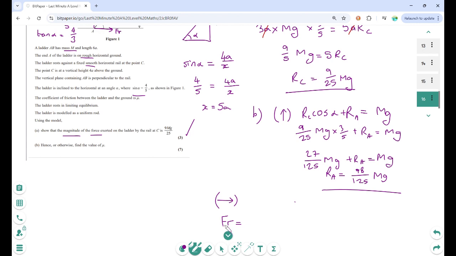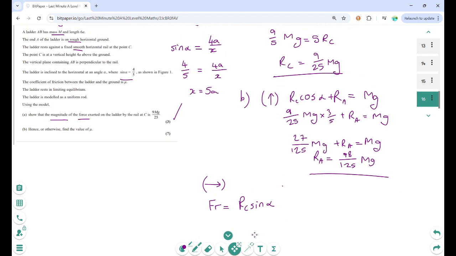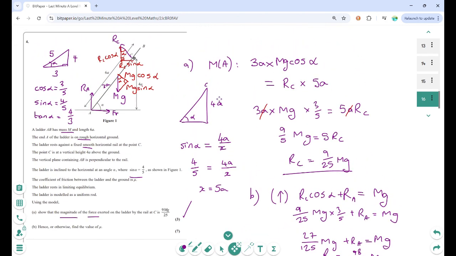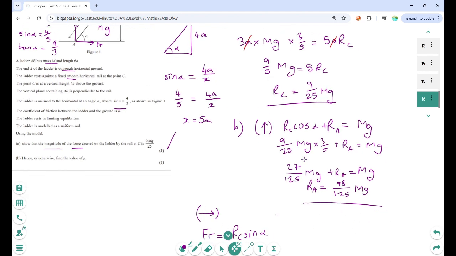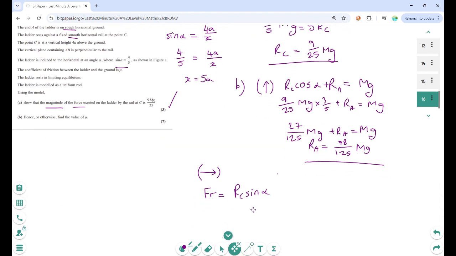And then again, simplifying: RC is 9/25 mg and sine alpha is 4/5. Simplify, 36 over 125 mg is friction.